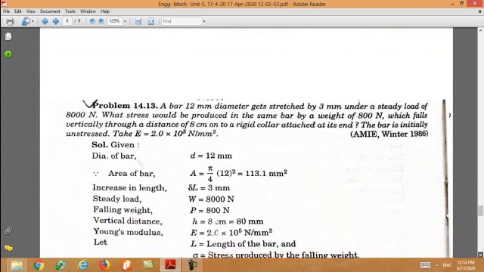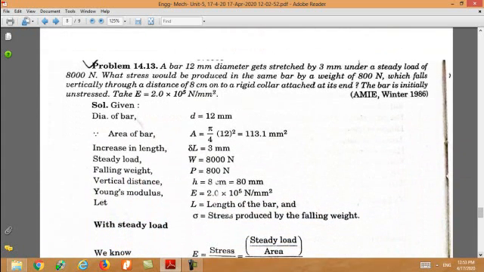Okay, it is another question. A bar of 12 millimeter diameter gets stretched by 3 millimeter under a steady load of 8000 Newton. What stress would be produced in the same bar by a weight of 800 Newton which falls vertically through a distance of 8 centimeters onto a rigid collar attached at its end?